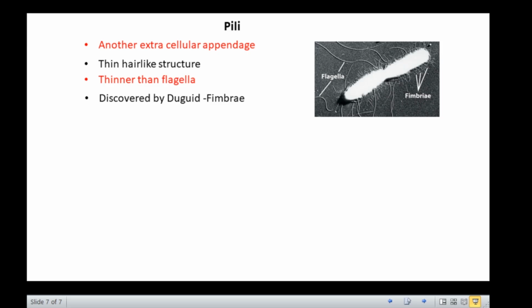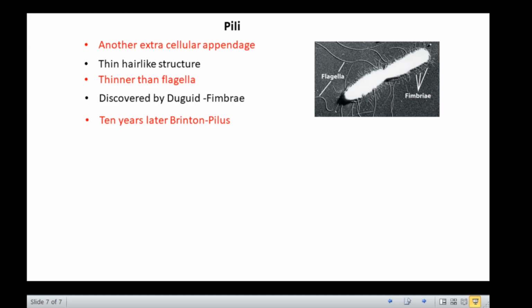He called them fimbriae. 10 years later, Brinton observed fibrous structures responsible for conjugative transfer of genetic material in bacteria and named them pilus.